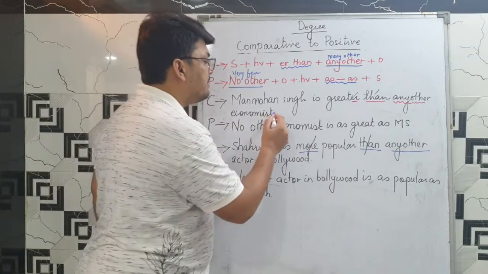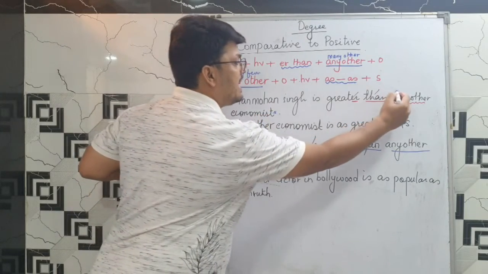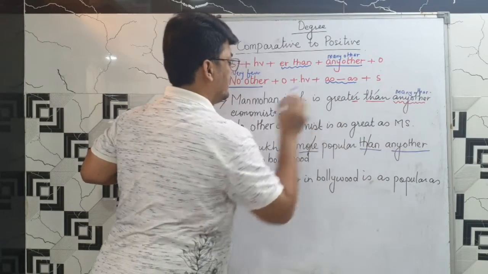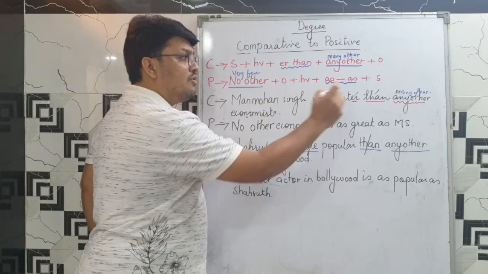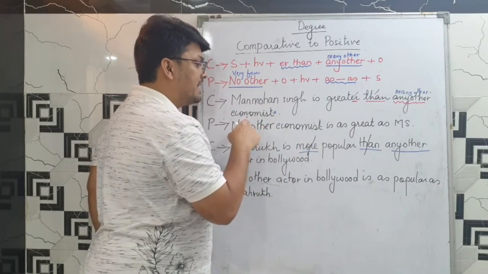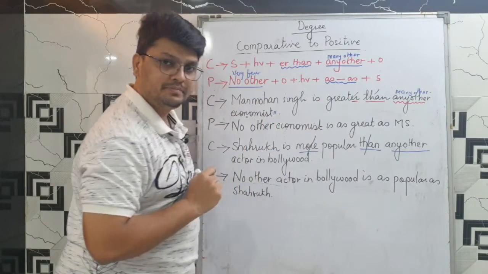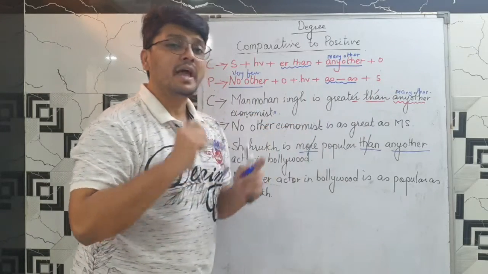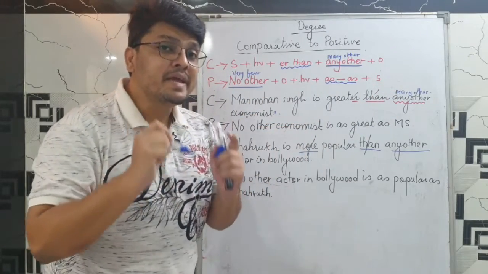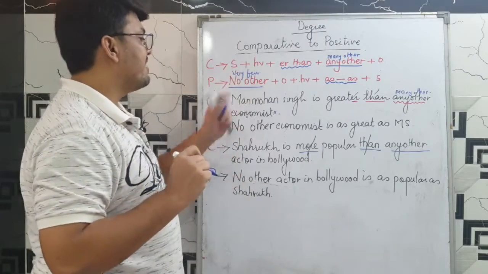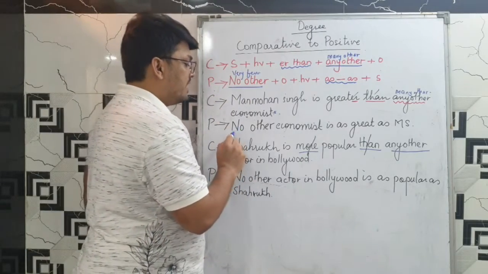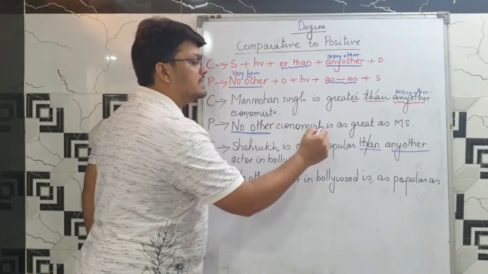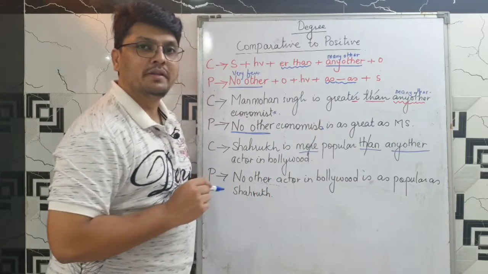Now this will become plural. If I use many other over here, whatever noun comes after many other will become plural. And then when you see many other in comparative degree, begin positive degree with very few. So instead of no other, very few economists will come, plural.